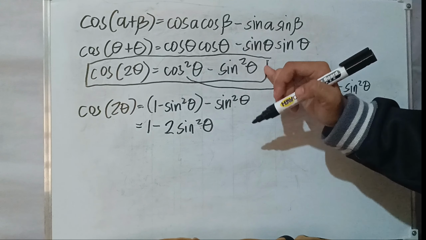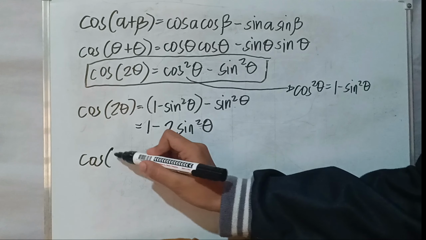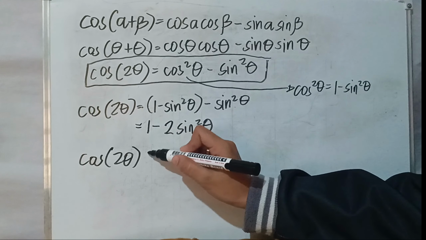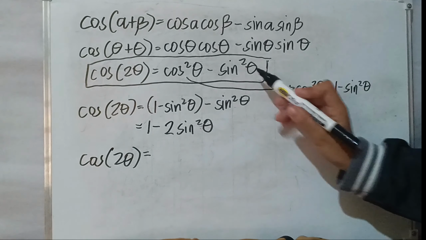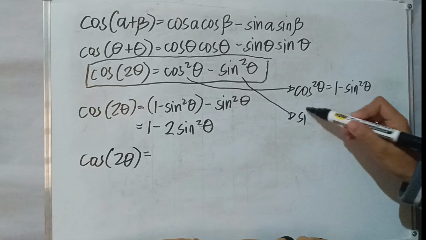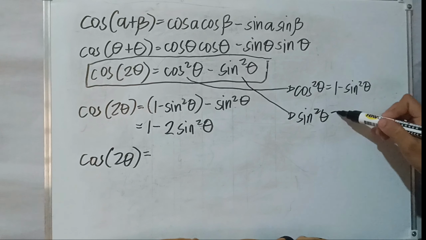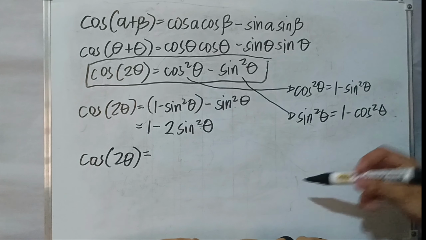We can also rewrite the formula like this. By using again the Pythagorean identities, we know that sine squared theta is equal to 1 minus cosine squared theta.